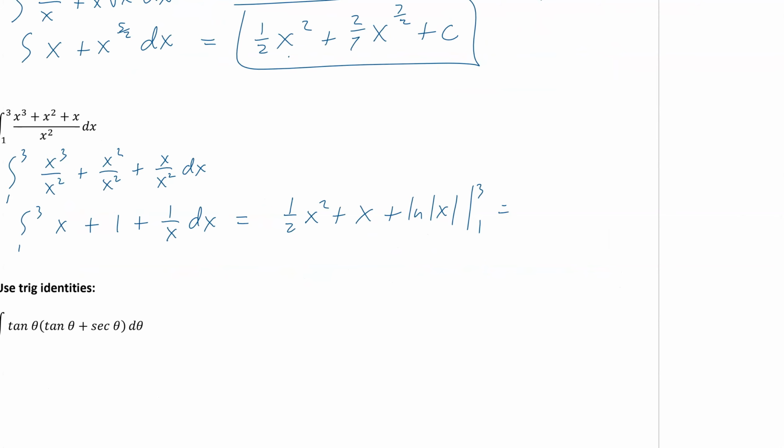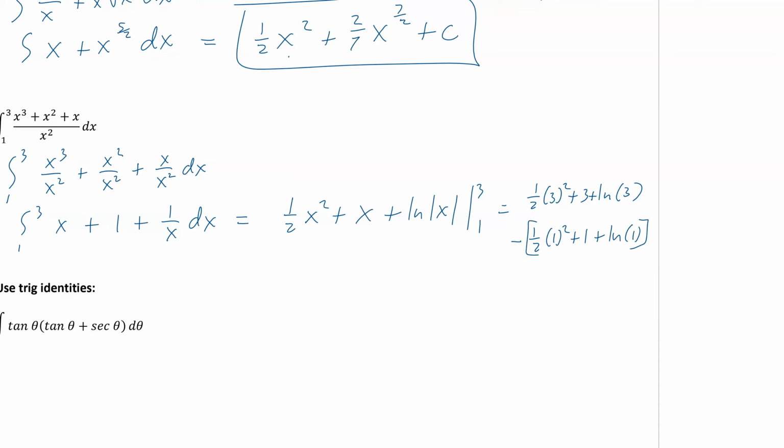So this would equal, we're going to plug in the 3 first. So 1/2 times 3 squared plus 3 plus ln of 3, minus, in brackets, 1/2 times 1 squared plus 1 plus ln of 1.